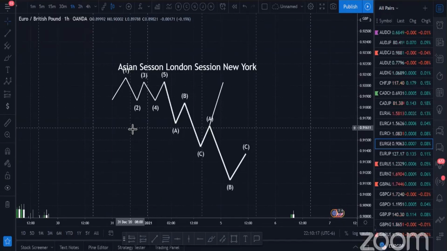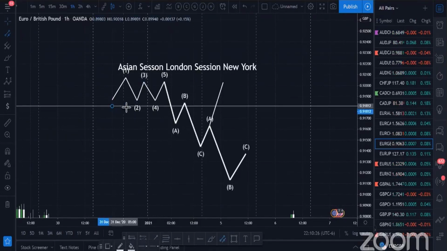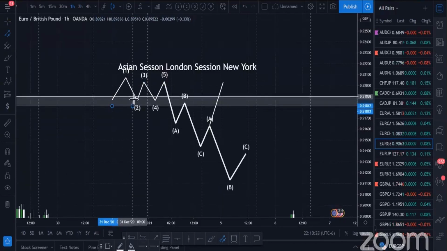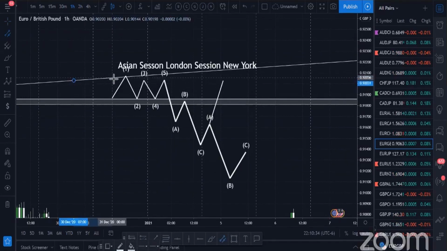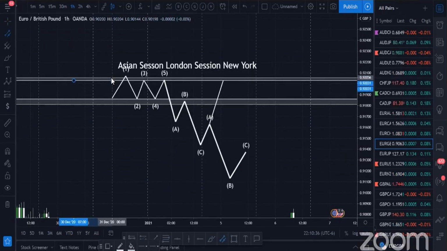What I like to do leading into London session is find these consolidation areas right here and mark them up. Find the price zones, and just see what's going to happen when London session kicks off.